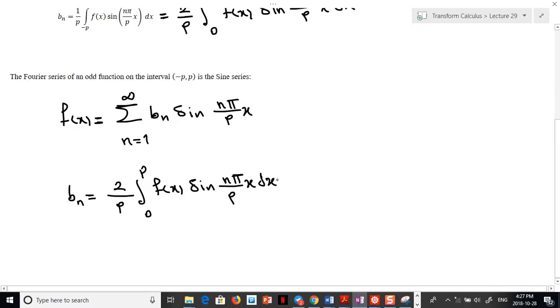So that is the Fourier series of an odd function, or sine series.